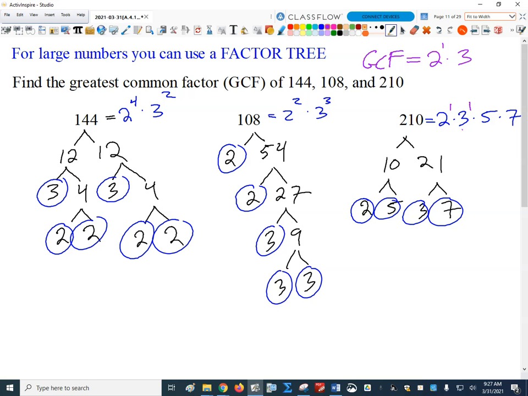The other way we could do that is we could go through here when we look at the factor tree and we could say, okay, well, let's see. They each have a 2 to give away. No more 2's. We're done with the 2's. What about 5's? Well, they don't all have 5's. What about the 3? Yeah, they each have a 3.